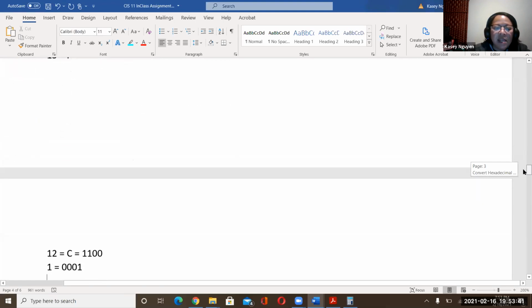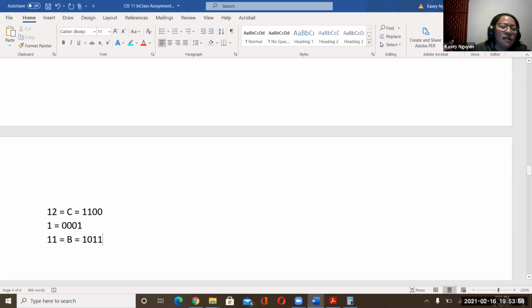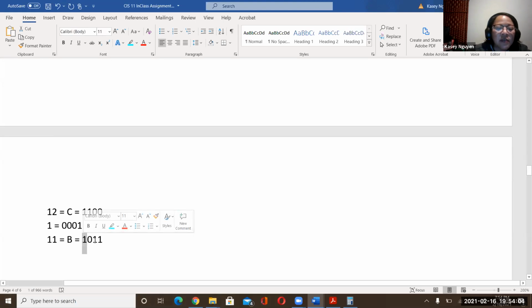B, right? B is 11. So 11 is B, and that's going to be, 8 is on, 4 is off, 2 is on, and the last one, the 1, is on. The highest number you can subtract is 8. That gives us 3. We can subtract 2 and 1. That gives us the last two ones there.